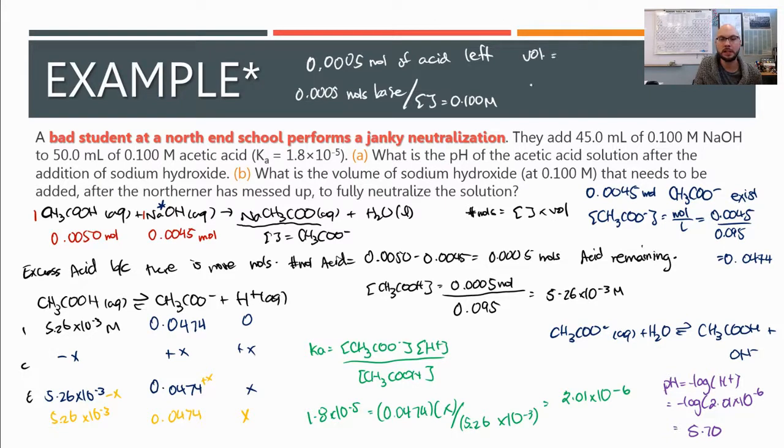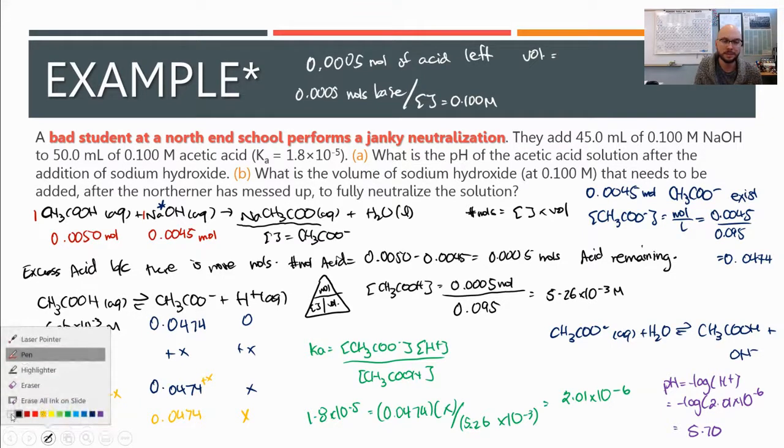So volume of base, if we think about that concentration triangle, I'm going to write it in black down here because I'm running out of room. This is our concentration. So moles on the top, concentration here, and volume. We're solving for volume. So volume is equal to moles divided by concentration.